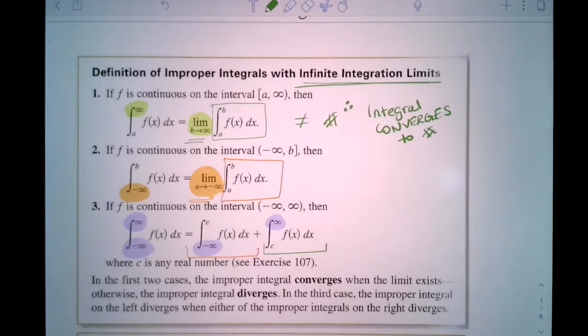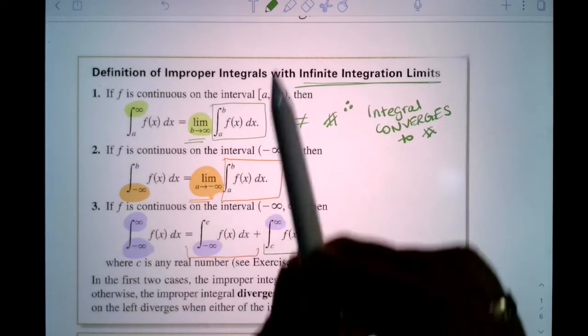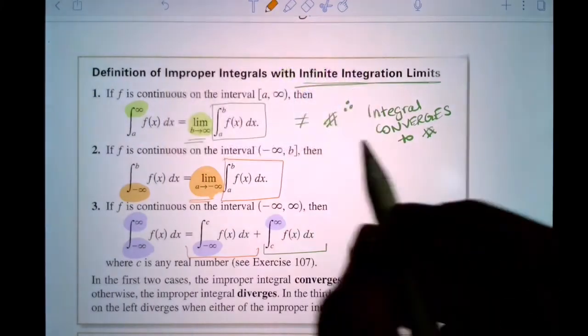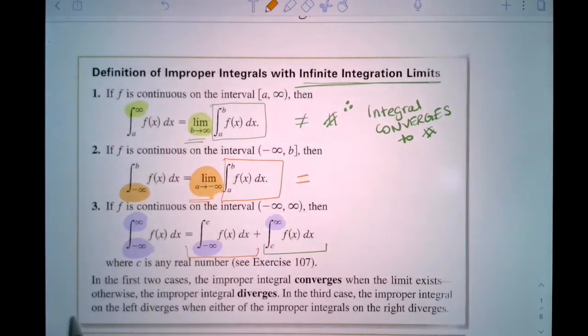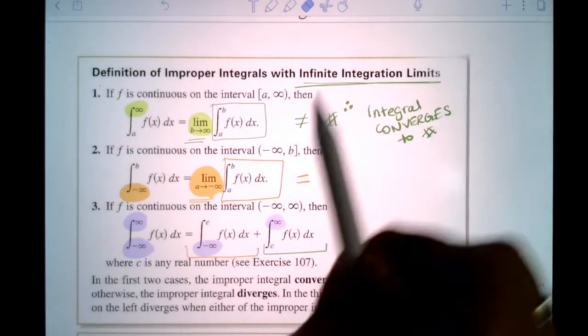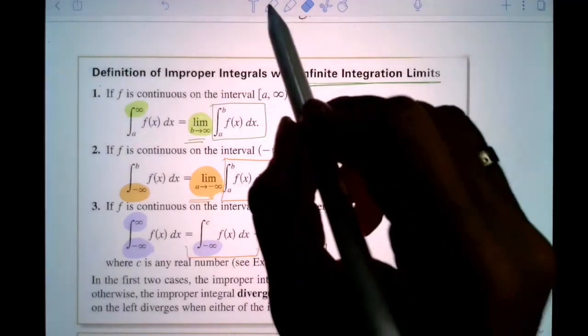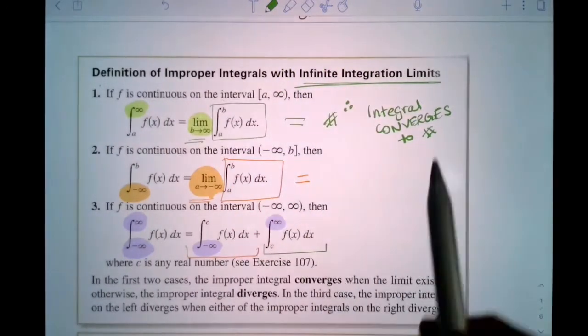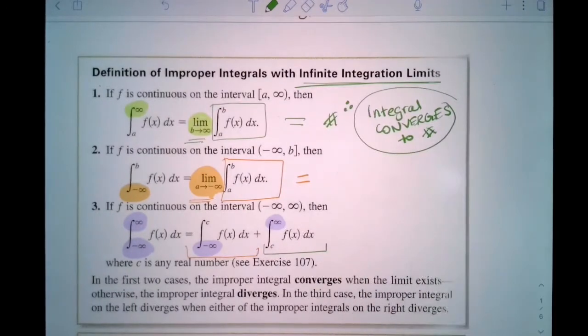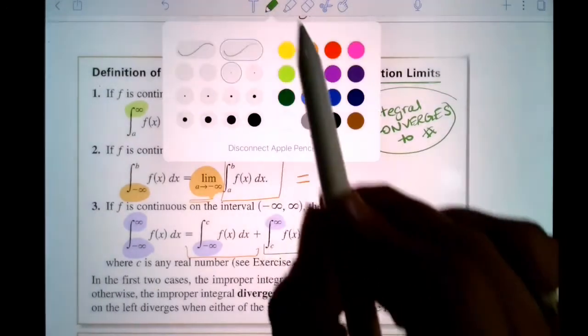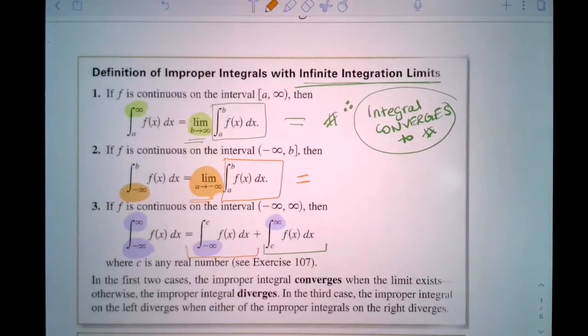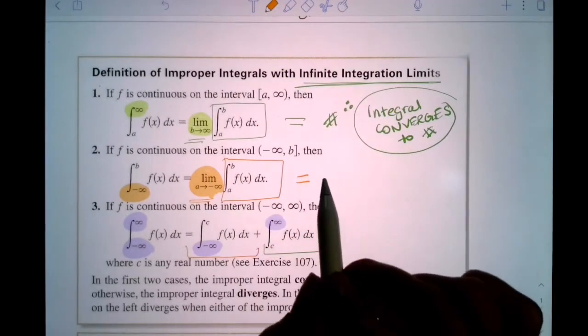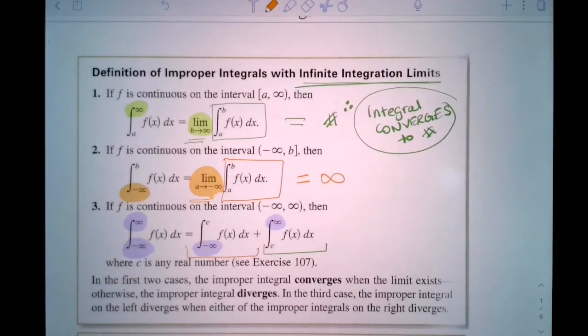If it turns out that your integral does not equal a number, that you've gone through everything that you had here, let me get rid of the not equal to there. If it equals a number, then the integral converges to that number. If it turns out that you do your whole integral work and it evaluates to infinity, well, that's not a real number L. That's not a value that you can see and plot on the number line.